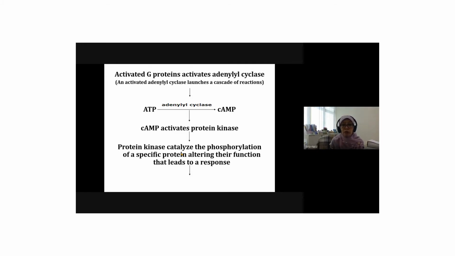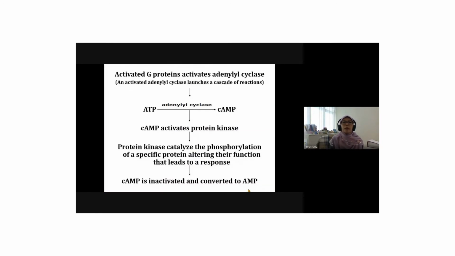What is phosphorylation? Phosphorylation is the addition of phosphate to the protein. And lastly, the cAMP or cyclic AMP is inactivated and converted back to AMP. Okay. This is the mechanism of cAMP, or cyclic AMP, the second messenger.